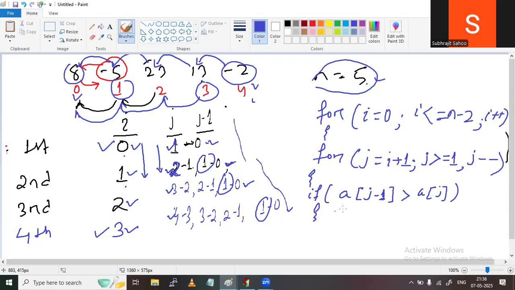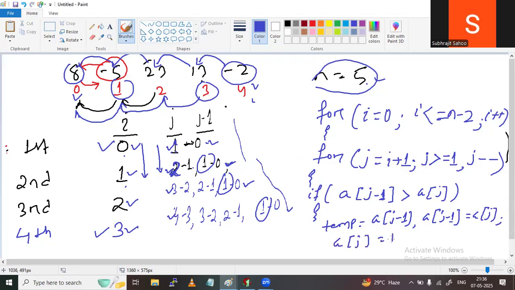If greater than, then swap, immediately swap. Swapping technique: temp equal to a of j minus 1, a of j minus 1 equal to a of j. Okay, then a of j equal to temp. By writing this logic, your array will be sorted by using insertion sort.